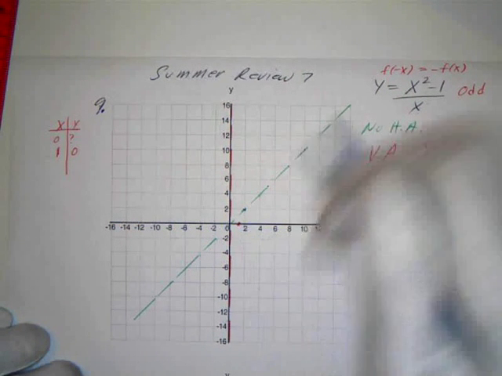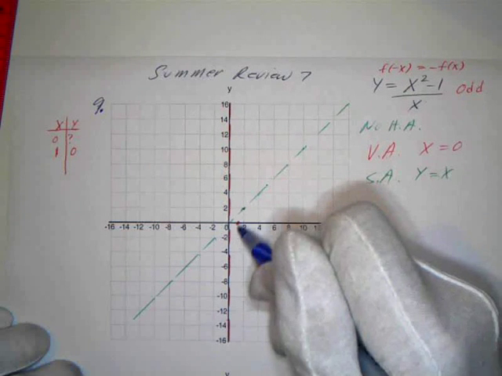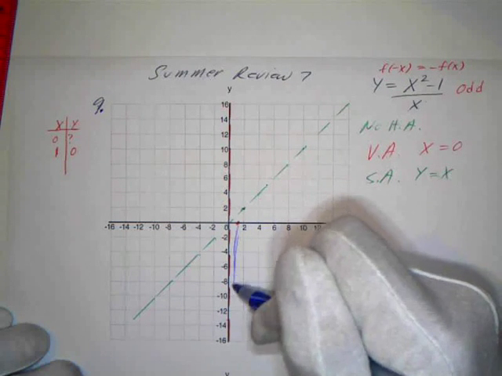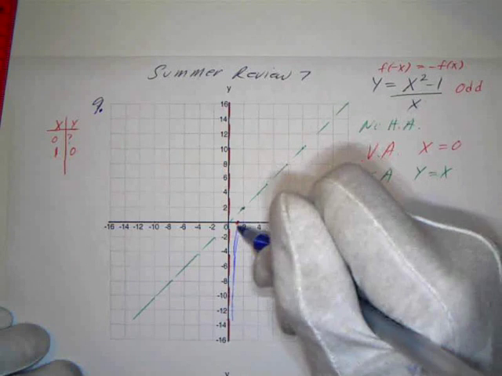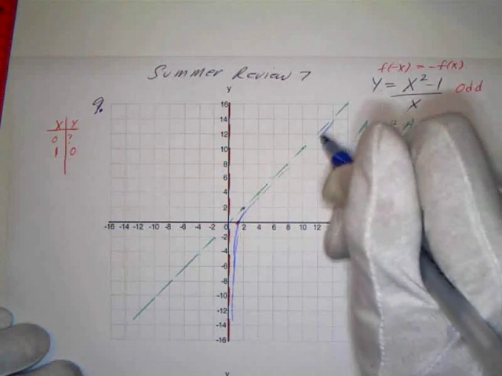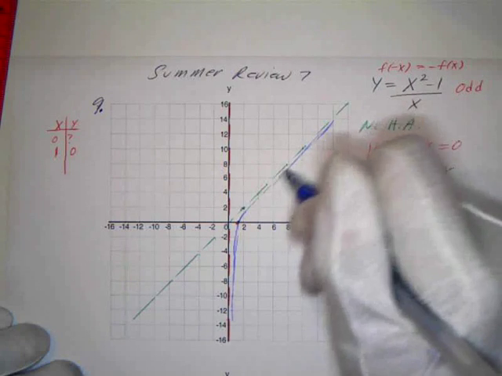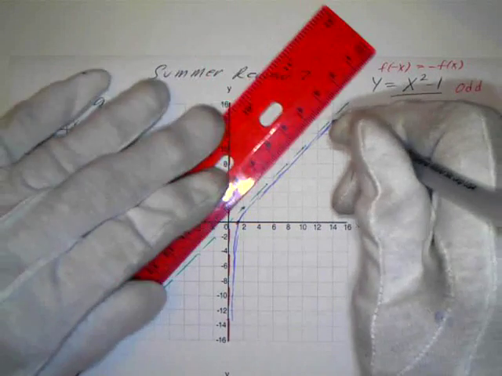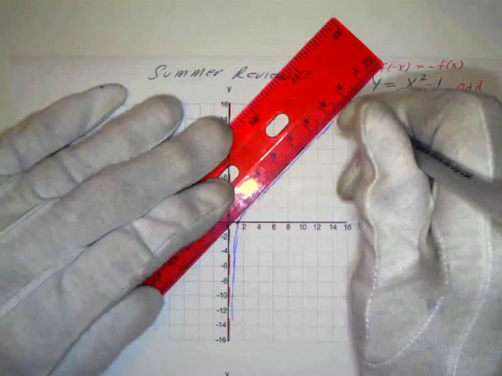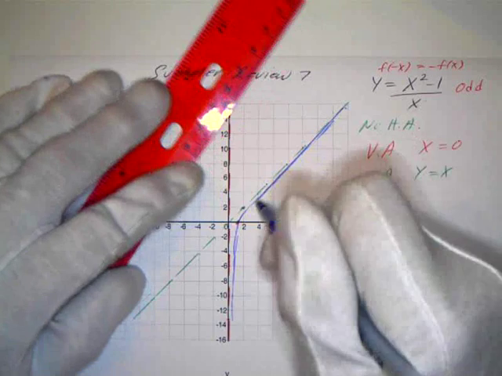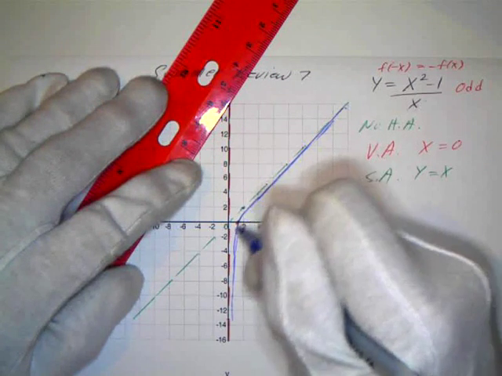This is a point, so it looks like I'm going to be like this. Because I don't have anything else going on. So make sure I kind of stay close to that asymptote. I'm going to use a ruler just to make sure I keep close to it like that.